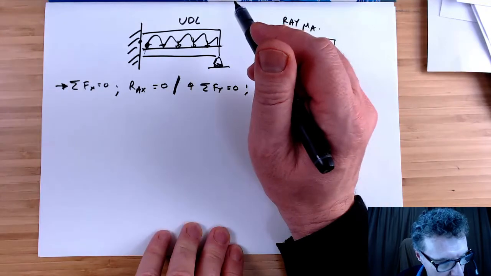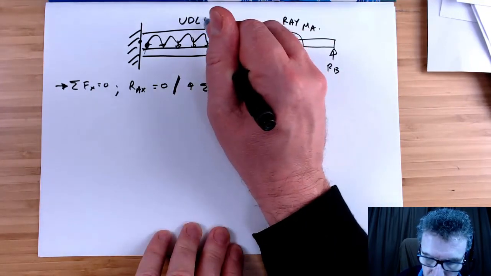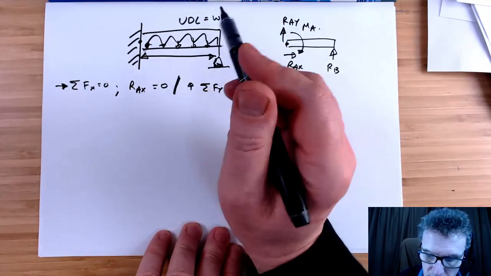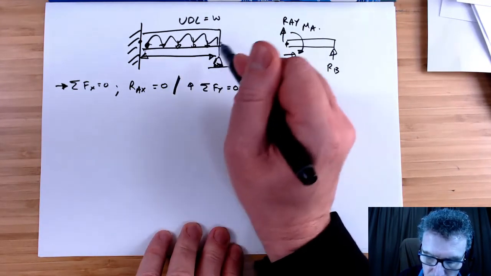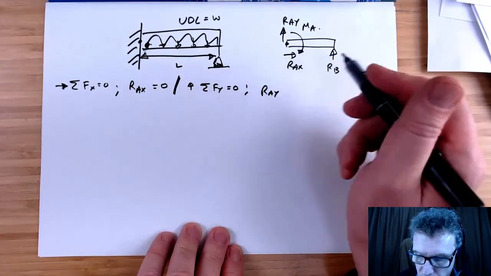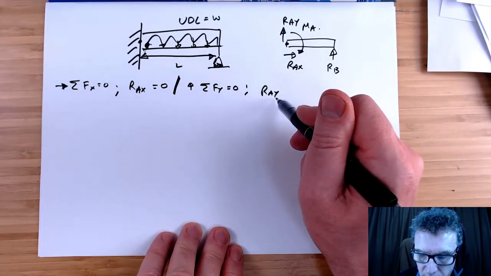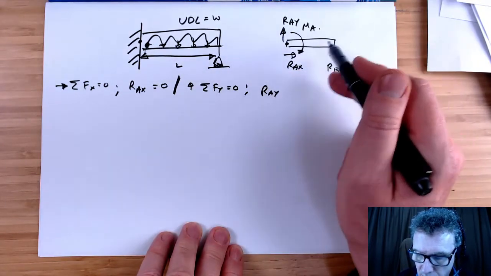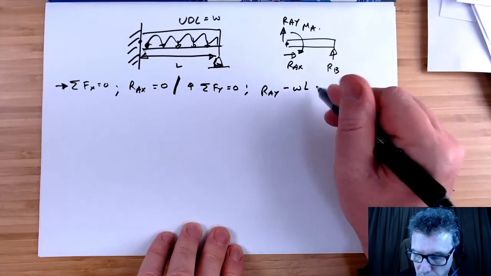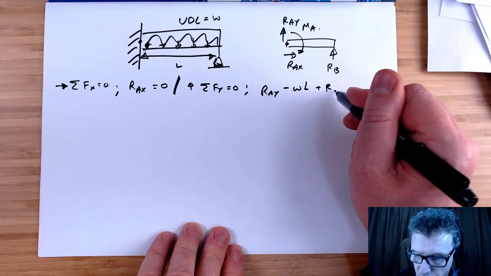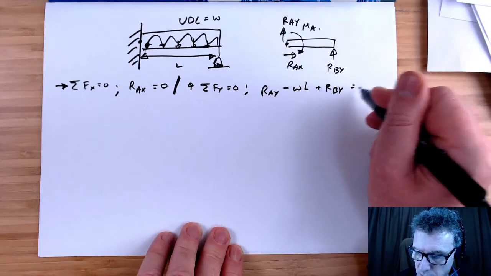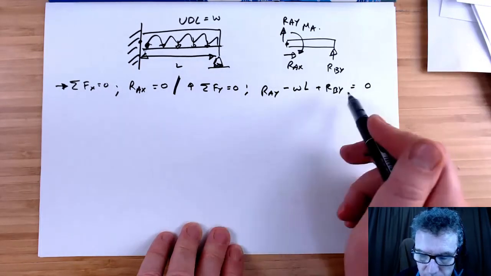Our UDL is little w, and the length of it, actually it's the lower bit of the beam, the length of it is L. So we have RAY going up, and minus little wL going down, plus RBY, equals 0. Okay.